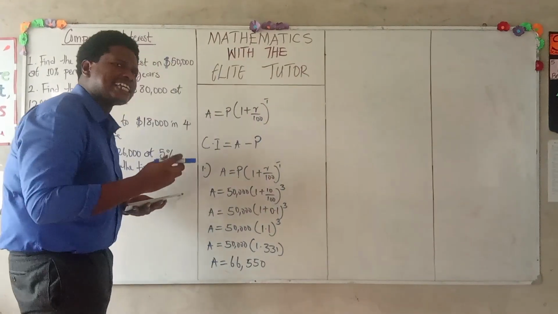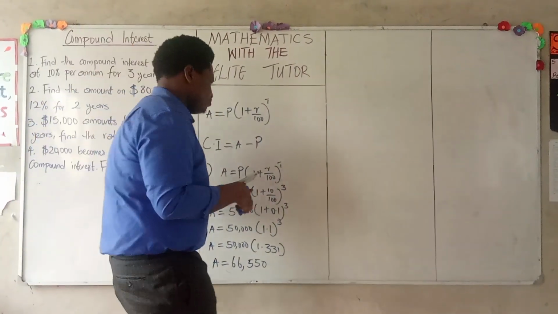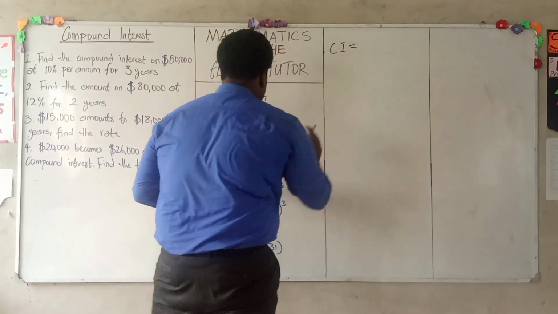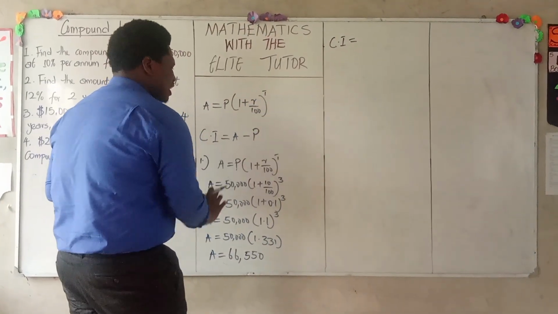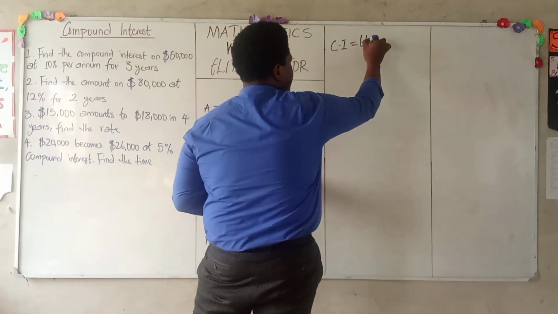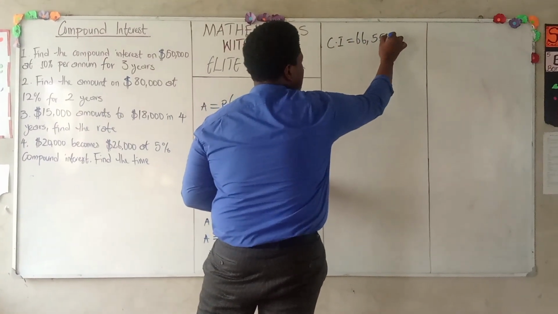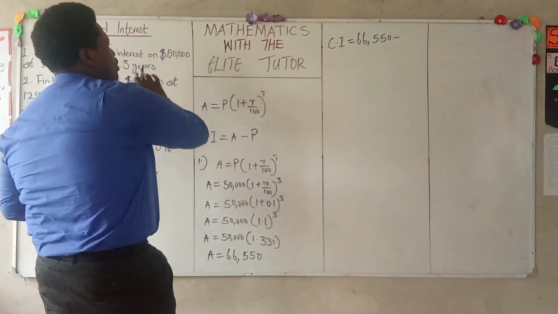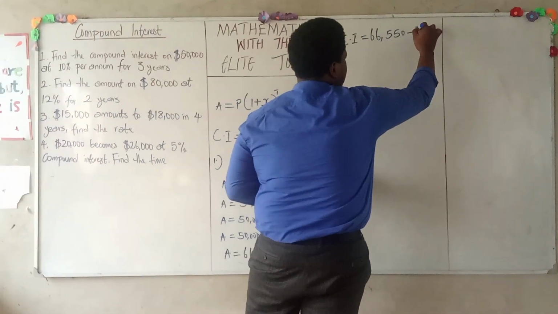So therefore, to ascertain our compound interest, we have that our compound interest will be equal to our amount. What is our amount? Which is what we got, 66,550, minus our P. Our P is the principal in the equation, which is $50,000.